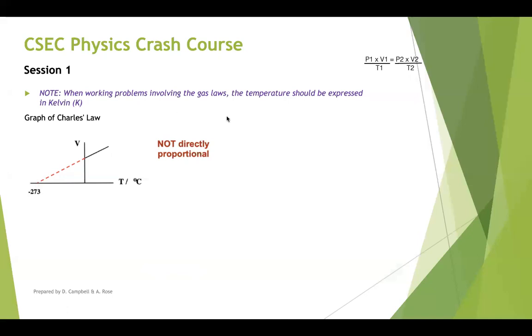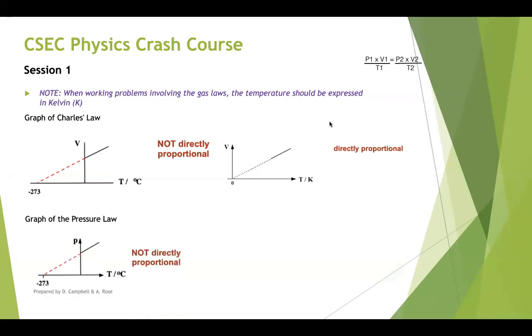And if we were to use absolute temperature, then that would correspond to 0 Kelvin. All right, so this is why we have to use the temperatures in Kelvin so that it will actually correlate with what the law states. Same thing applies for the pressure law.